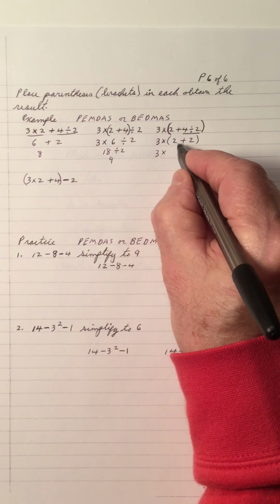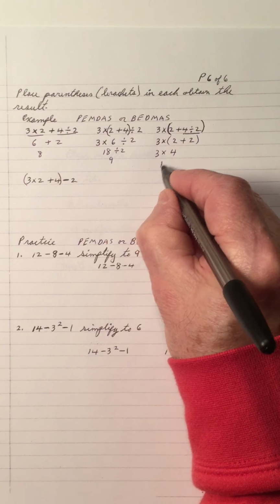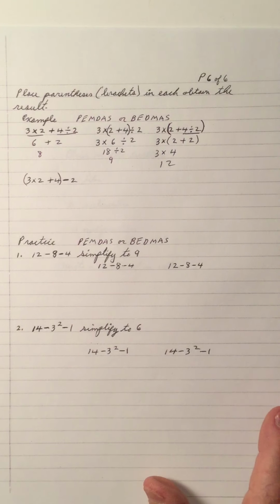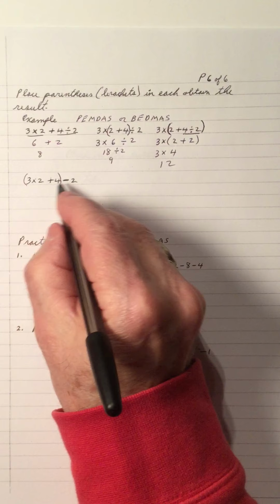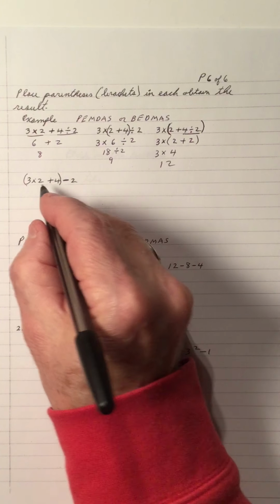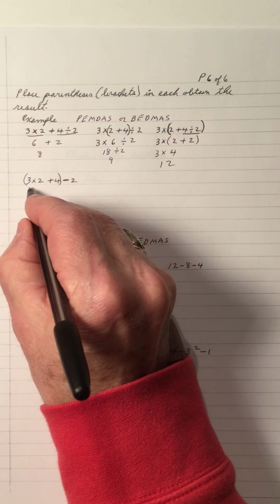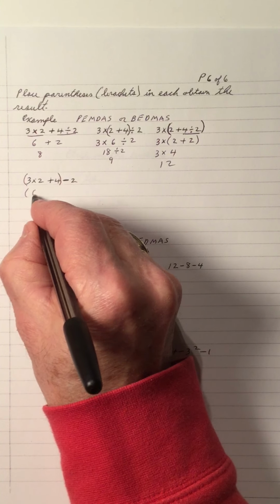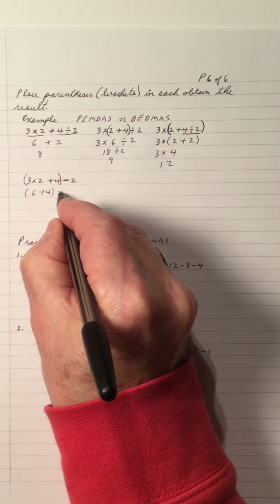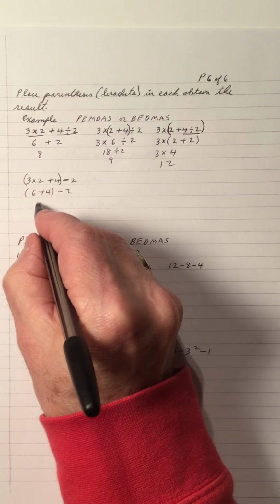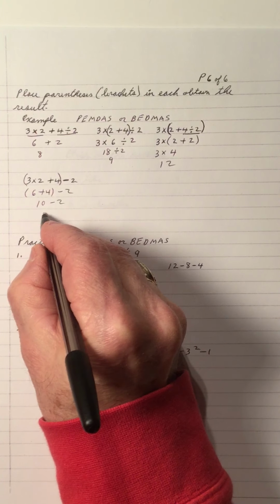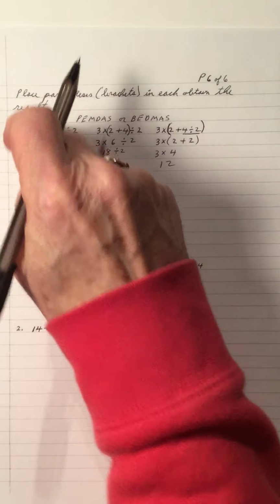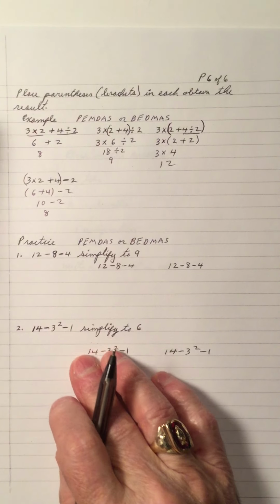That completes that bracket by adding, and that gives me a 12. So notice where the brackets go makes a difference. I have to do inside of here, but I notice I have a multiplication and addition, so I multiply first. Then I add, and then I subtract.